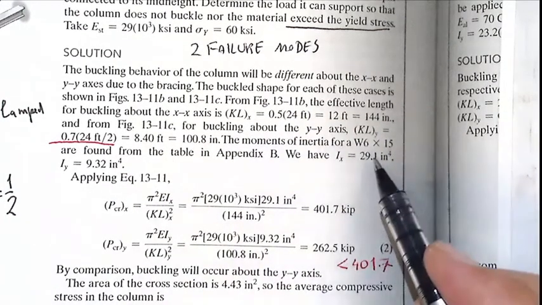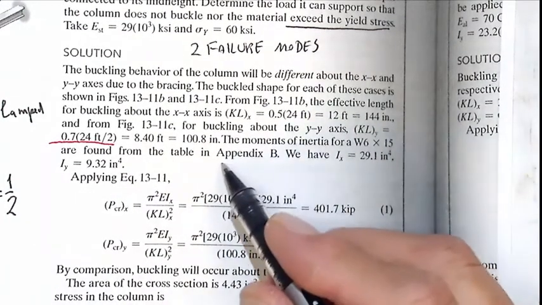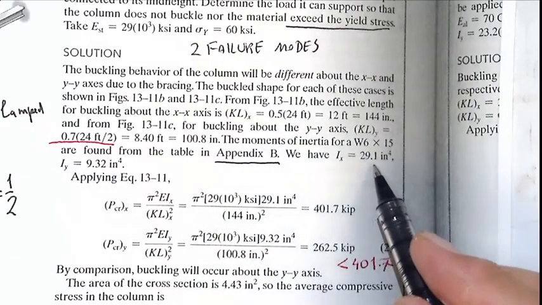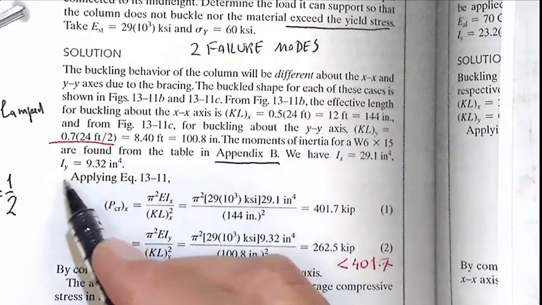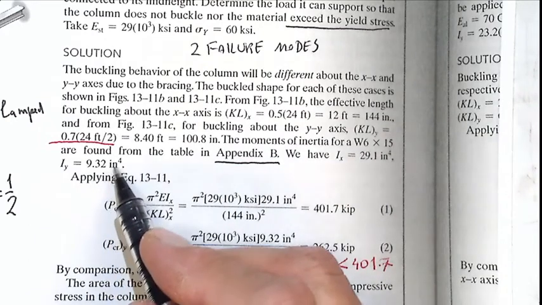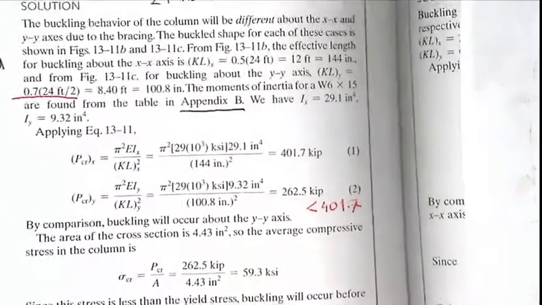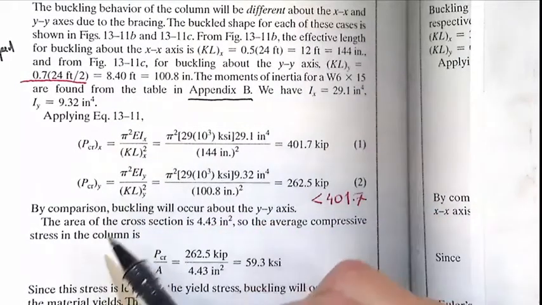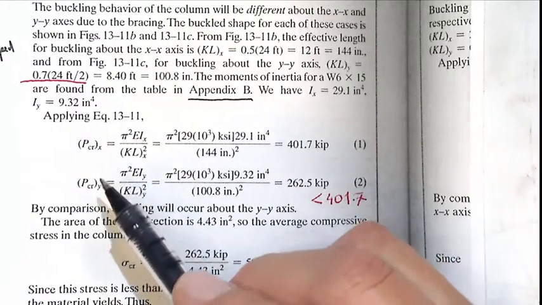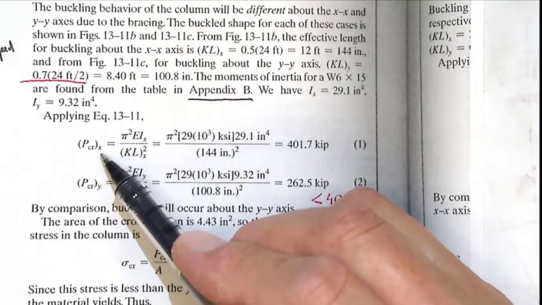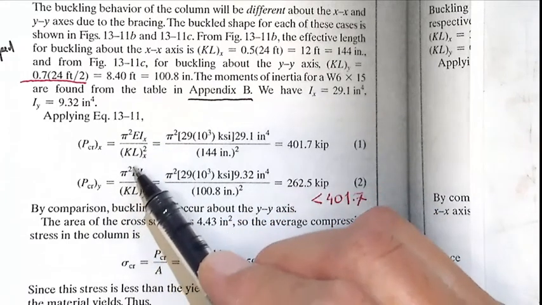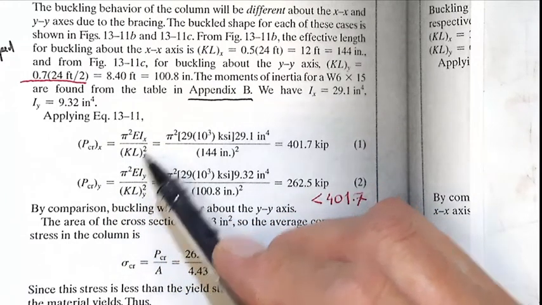The moments of inertia are found from the table in Appendix B. We have Ix equals 29.1 inch to the fourth power, Iy equals 9.32 inch to the fourth power. Now we are using the formula of buckling load. P critical with respect to the x-axis will be pi squared E Ix over KLx squared.